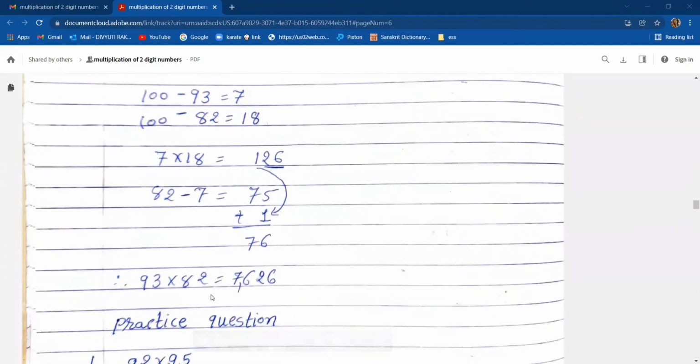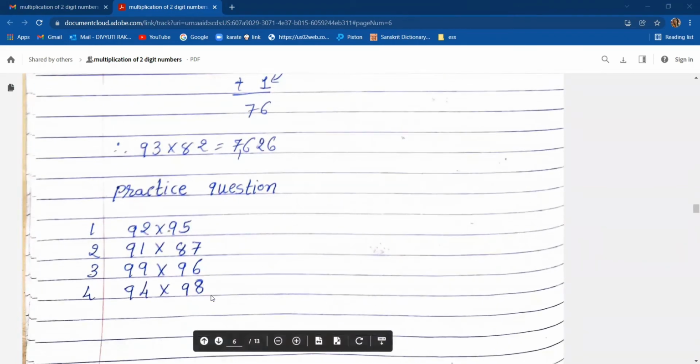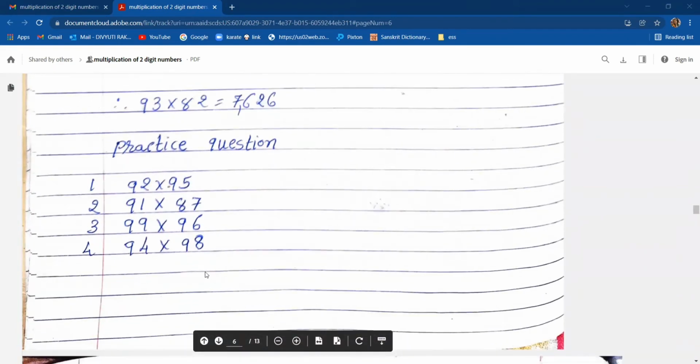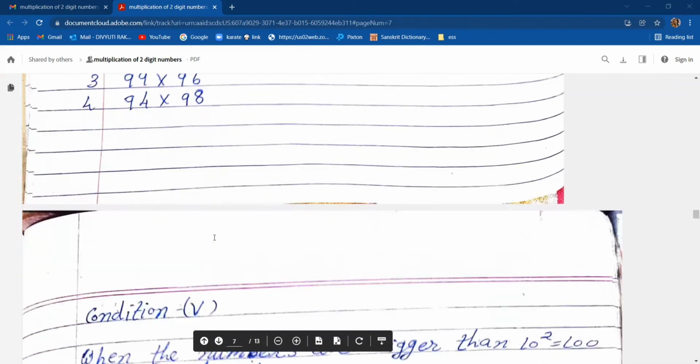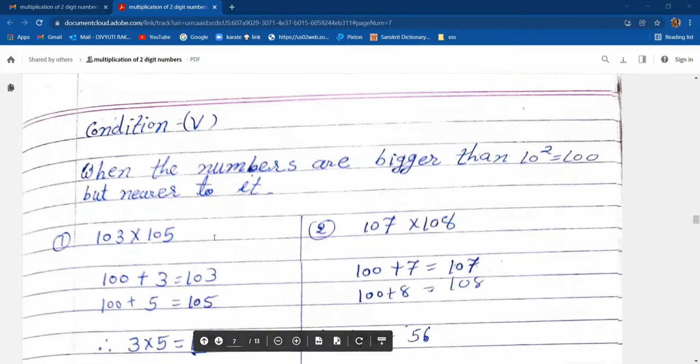I think now you understand properly. So these are some practice questions. In the beginning only I told you that subtraction must be powerful to apply Vedic maths.